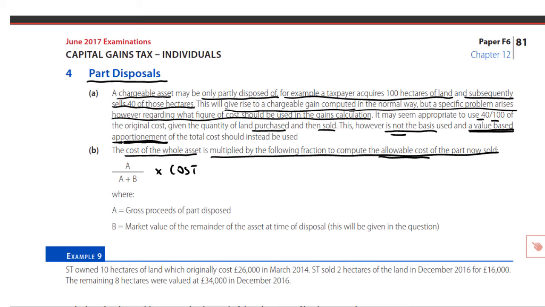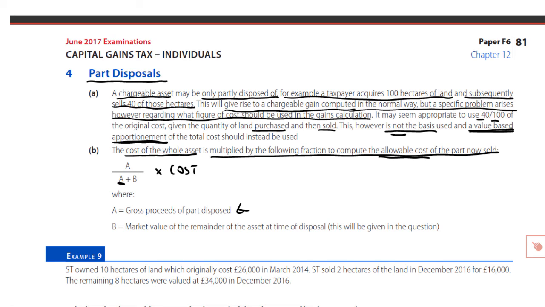What does that represent? Simple. A is the gross proceeds for the part disposed of. So whatever are the gross proceeds in this example of the 40 hectares, that is the figure that would go on your top line.